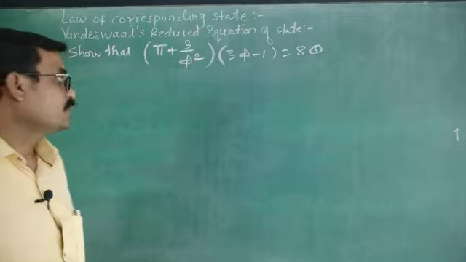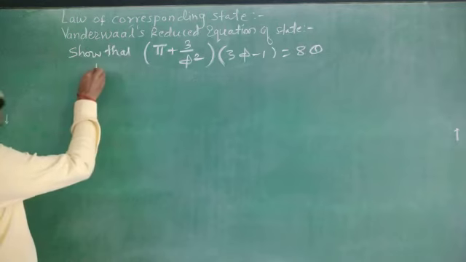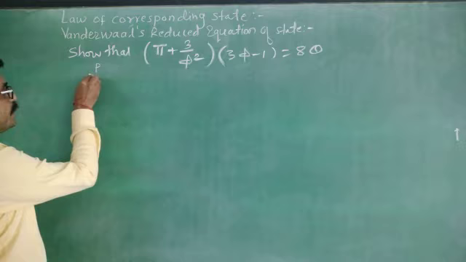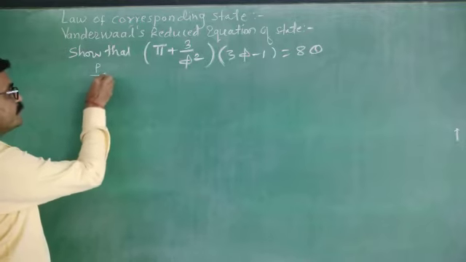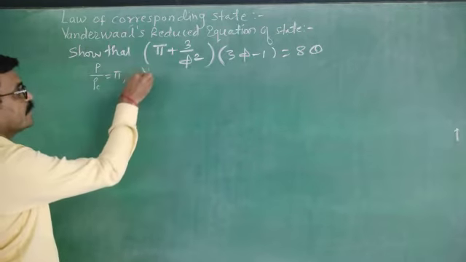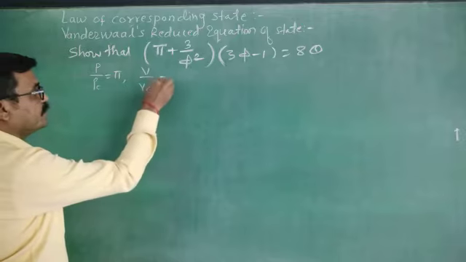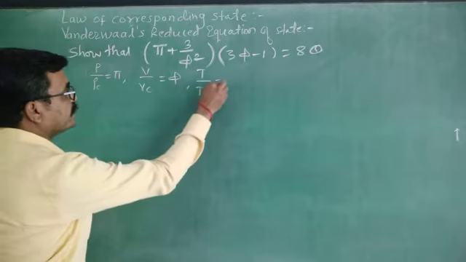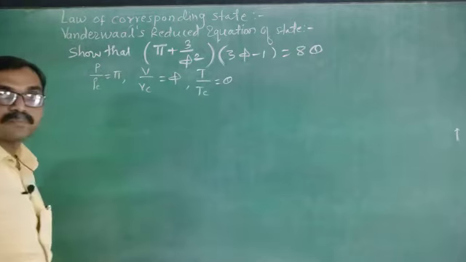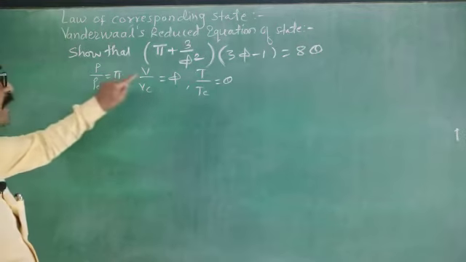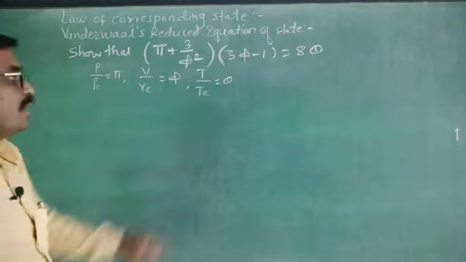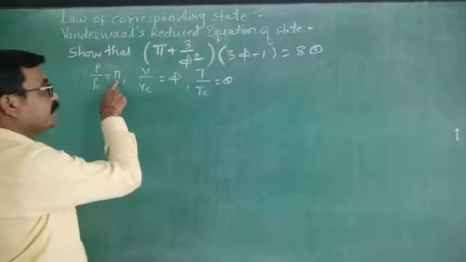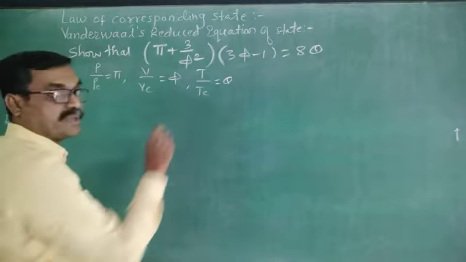Now let P upon Pc equal pi, V upon Vc equal phi, and T upon Tc equal theta. Here pi, phi, theta are reduced pressure, reduced volume and reduced temperature.